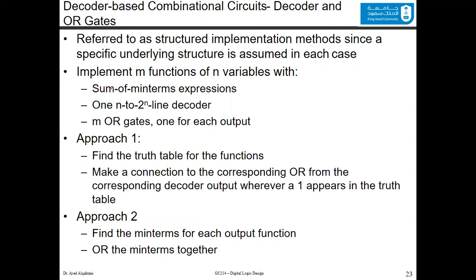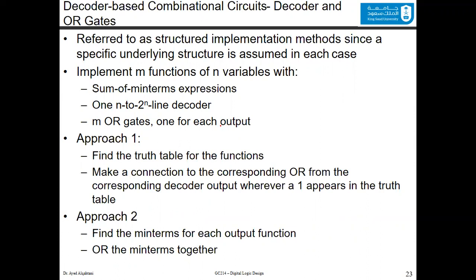Any function we want to implement, M functions out of N variables, we do with sum of min term expressions, using an n to 2 to the n line decoder and m OR gates, one for each output.